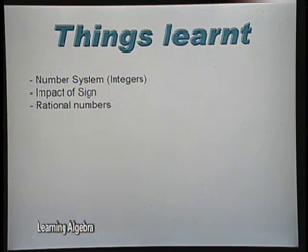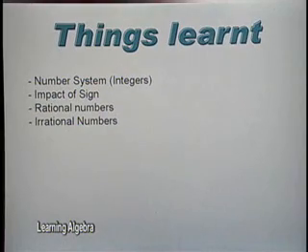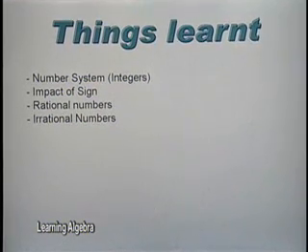A rational number is any number which can be represented as x divided by y, wherein x and y both are integers. We talked about irrational numbers, the numbers which cannot be represented as x divided by y, where x and y are both integers. An example is our Pythagoras number, square root 2.